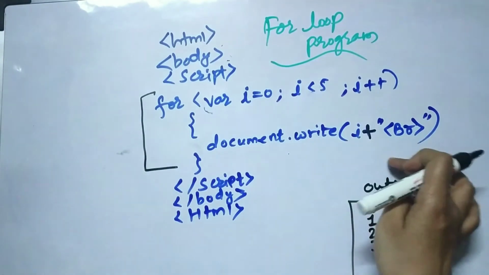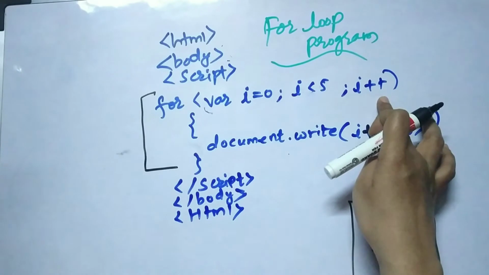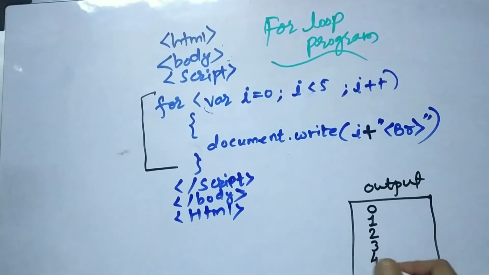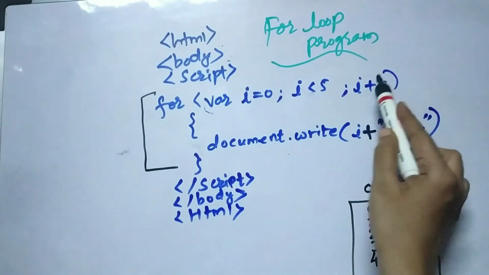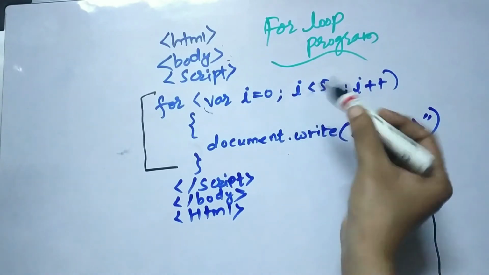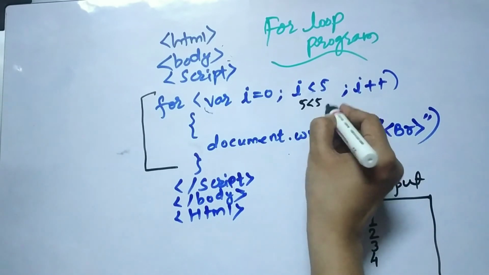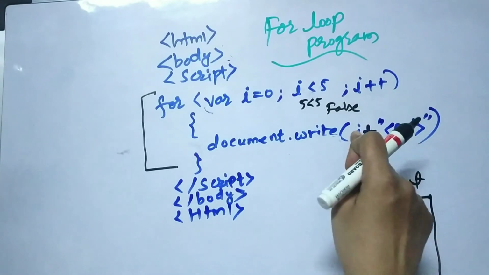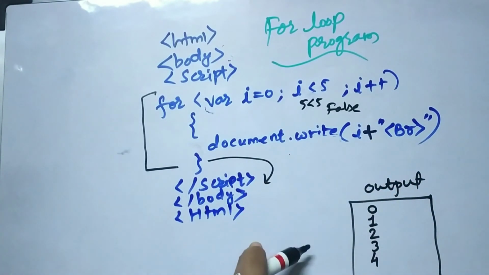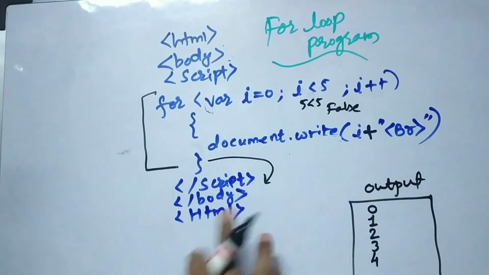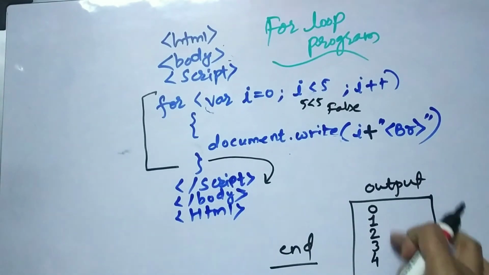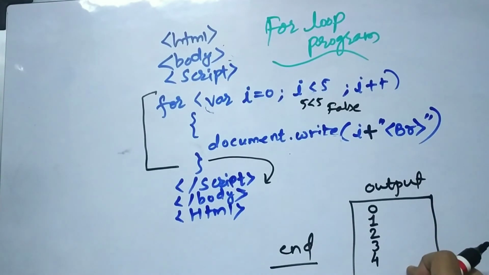Next it will go and I plus plus means 4, so 4 is less than 5, yes it is true, so print I, it is 4. Now friends, again plus plus means 4 plus 1, it becomes 5, 5 is less than 5, it becomes false here. So now it will not print I, it will directly come out. Script, body, HTML end, the program ends here, and on the screen you will see the values 0, 1, 2, 3, 4.